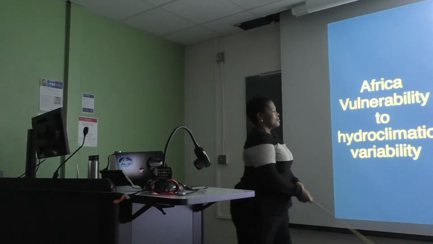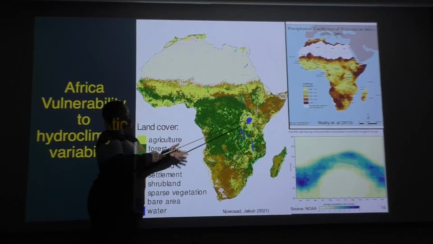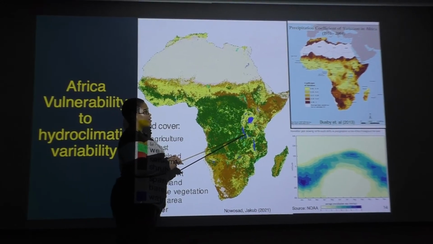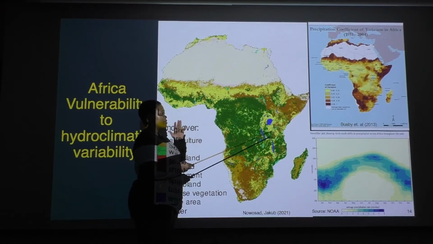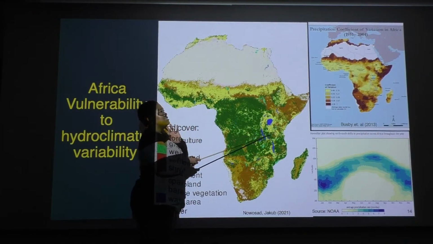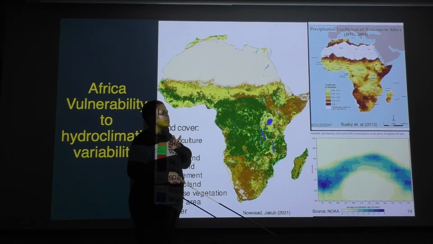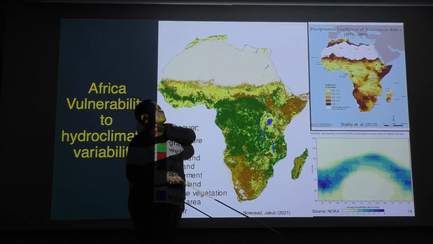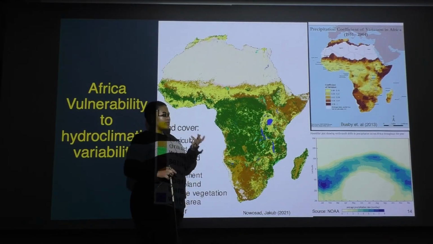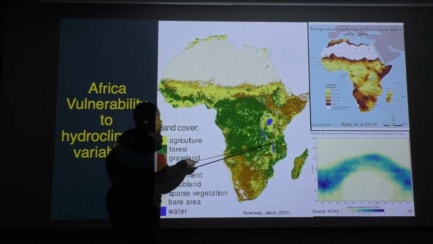Okay. This one, it will go further with all the experience I have. Over the Greater Horn of Africa, because of the ITCZ movement, starting from November towards March, we always call that the long rain season: November, December, January, February, March.